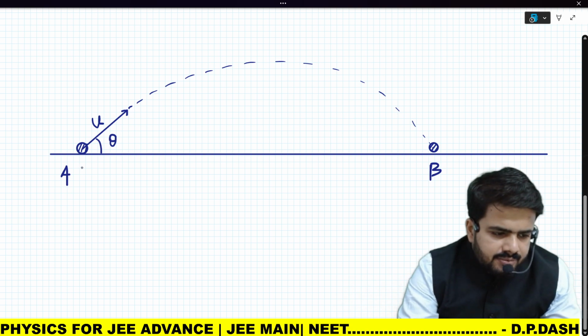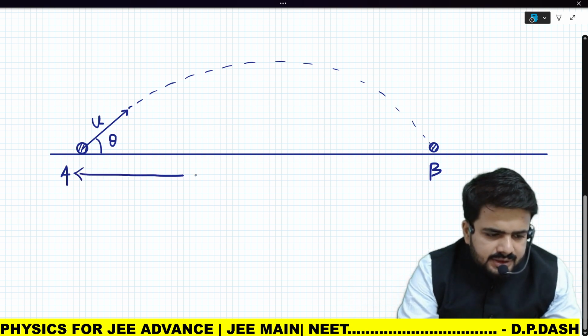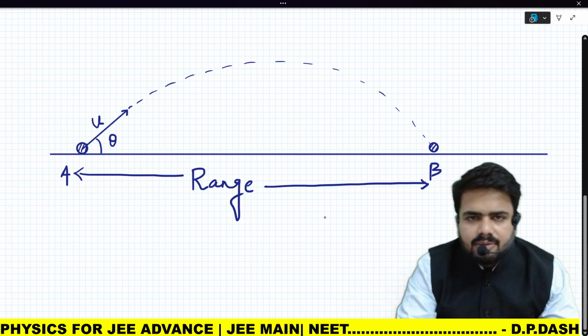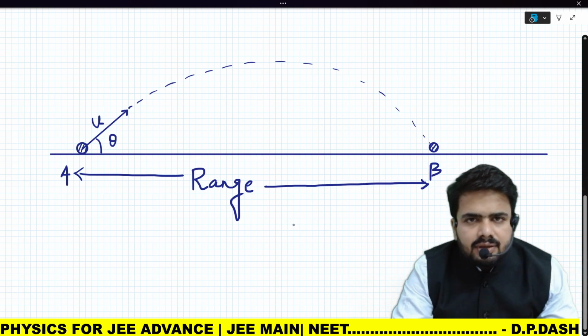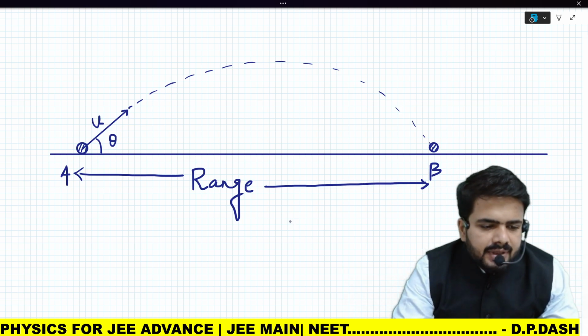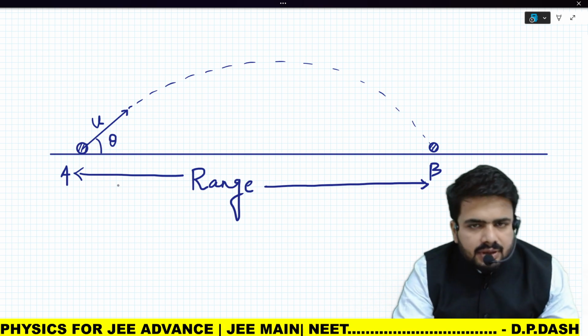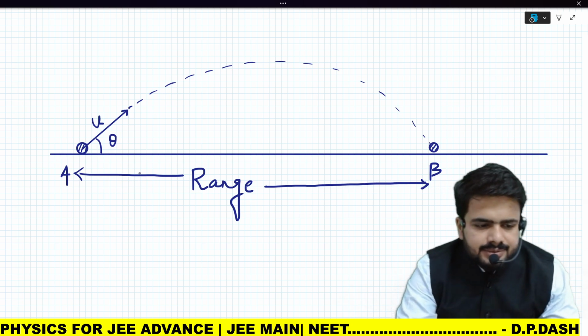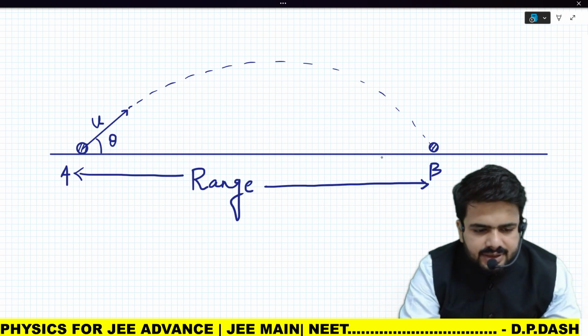The horizontal distance between these 2 points is what we call the range. That means the distance between the initial point and final point is called range. More precisely, it is the horizontal displacement it travels.